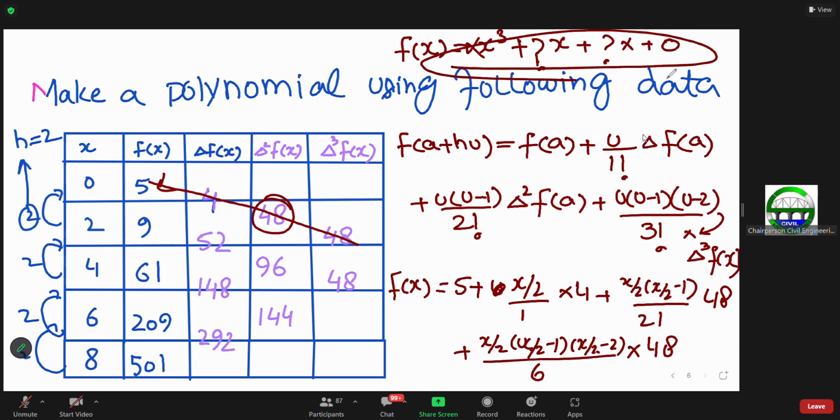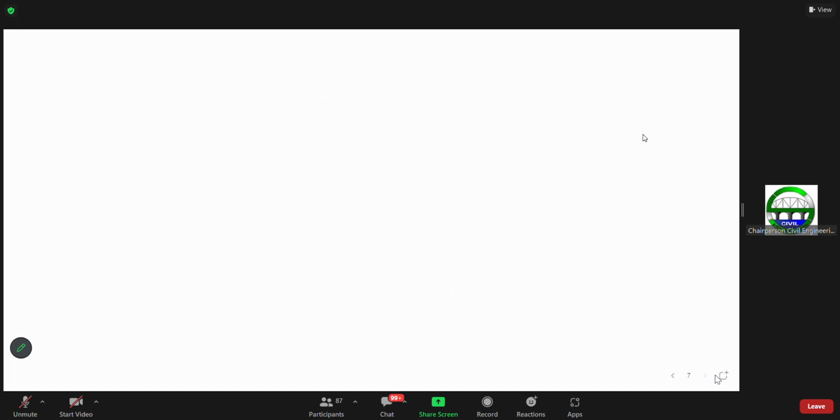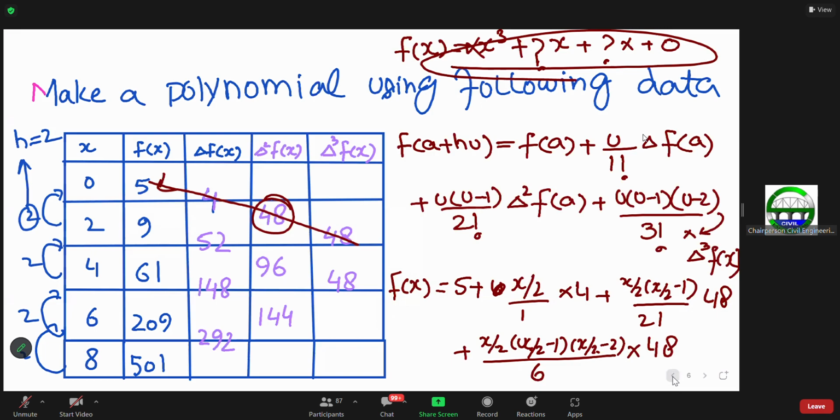It will look this way if you further simplify and solve it. Is it clear to you? Is it clear to everyone? Please let me know if you still have a problem or something to ask.